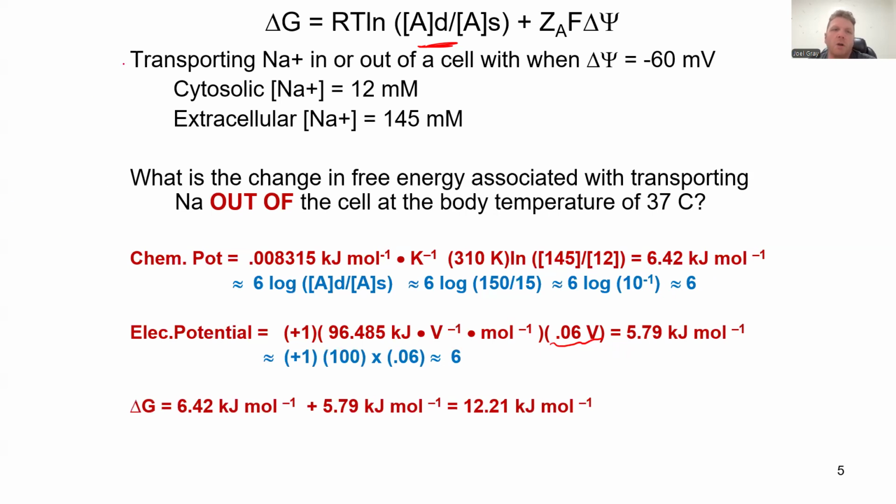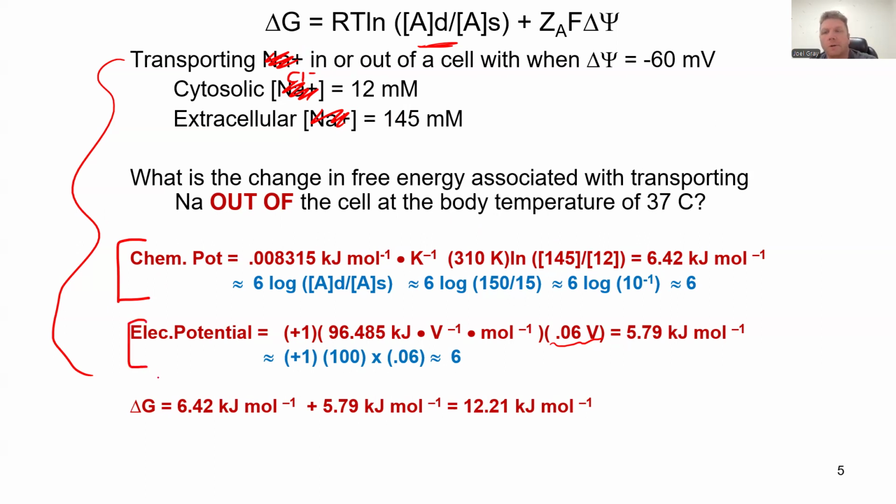Now, if rather than transporting sodium, we were doing Cl minus, chloride, then this chemical potential calculation wouldn't change. That would still be unfavorable.